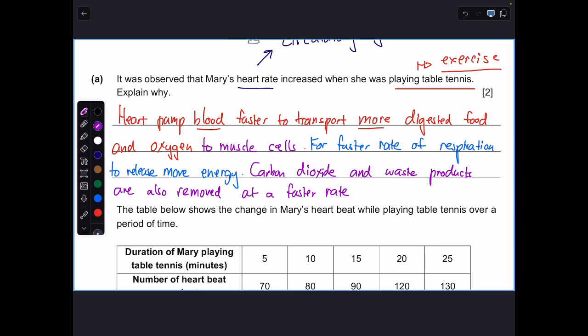From where? From her body cells or her body. So they will be transported to the lungs or transported to the skin to be removed, depending. So this is a 2-mark question. Half mark, half mark, half mark, half mark. You have to memorize this.